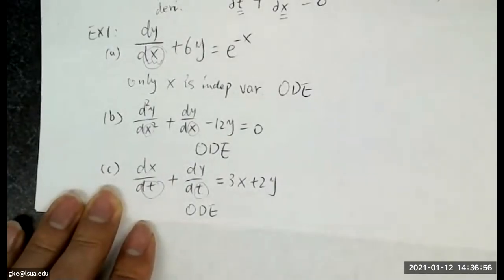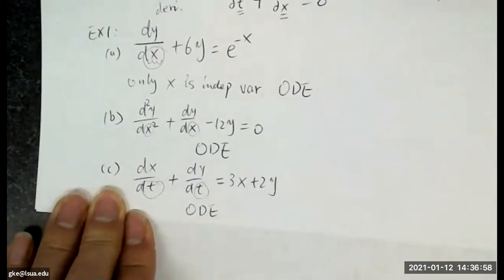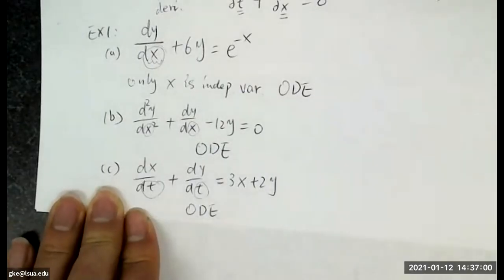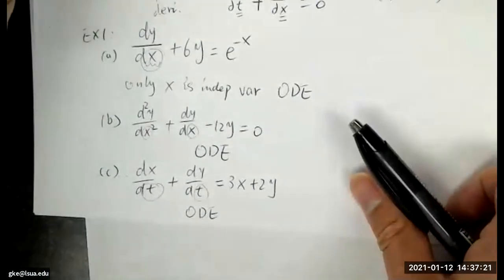Now I have a question: how many dependent variables? 2, right? But the number of dependent variables has nothing to do with PDE or ODE. Only the independent variable matters. Very good.